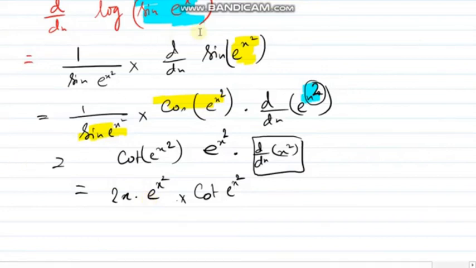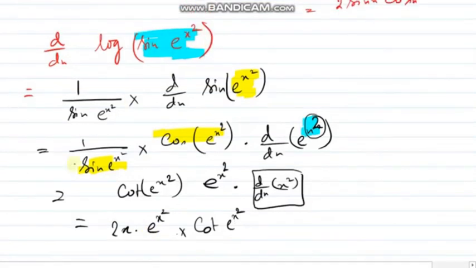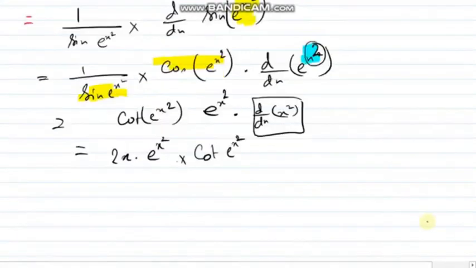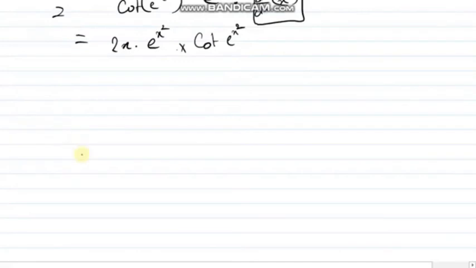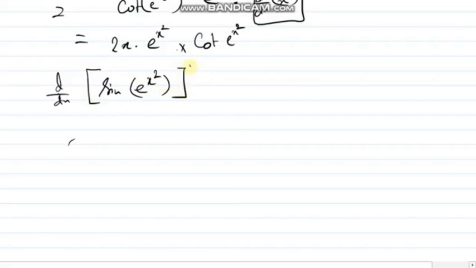I am just going to use the same functions in some other order. Just check in the next sum. So next sum, if I am going to use d/dx of, previously I have used log of sin of e to the power x square, whole square, or rather sin square e to the power x square.